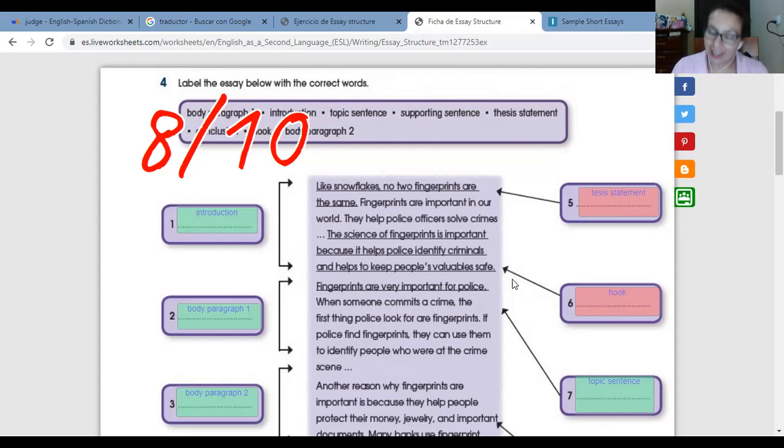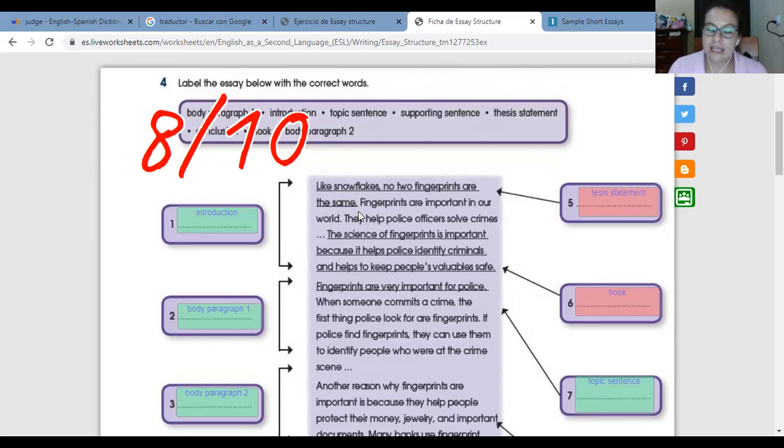Very good. Okay, we have here the thesis statement is the purpose of the essay. That means that the thesis statement, we put in the last sentence in the introduction, okay? In contrast, the hook is the first sentence, okay?